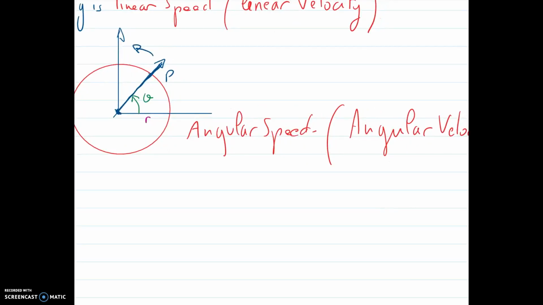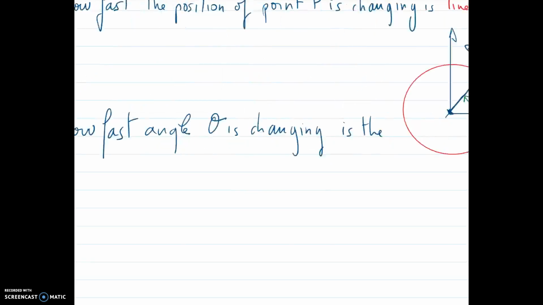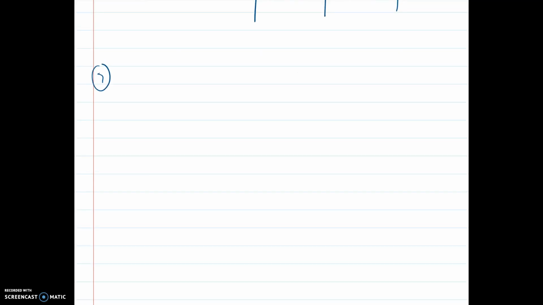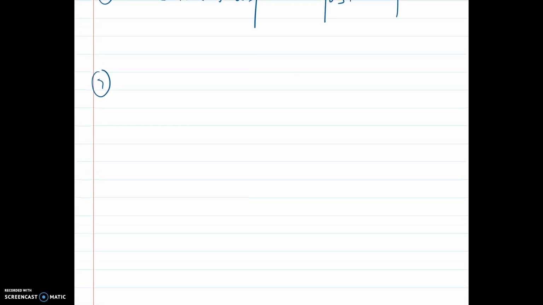Now let's jump to problem number 7. On problem number 7, we are dealing with: find the angle generated by P in time t, find the distance traveled by P along the circle, and find the linear speed.